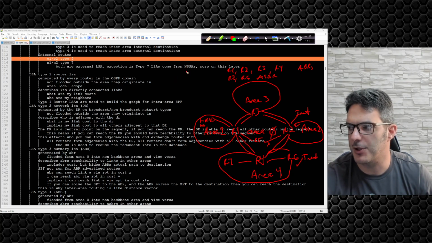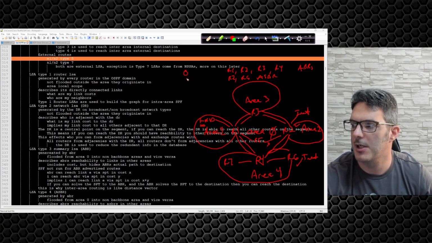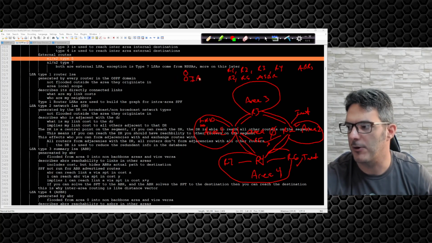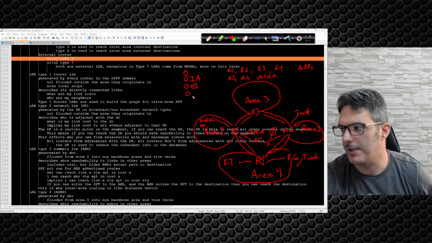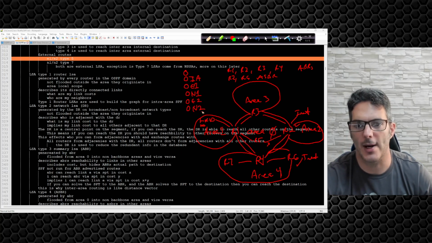You're always going to choose an OSPF internal route first, then an OSPF inter-area route second. And then you're going to choose OSPF E1, then OSPF E2, then N1, then N2. That is the order in which you're going to choose routes.